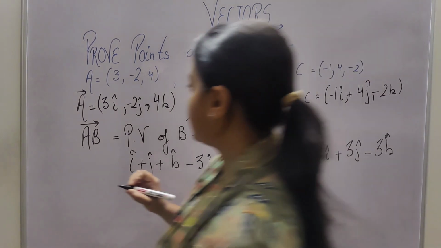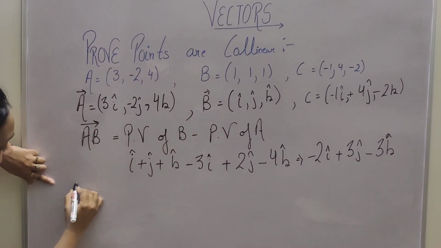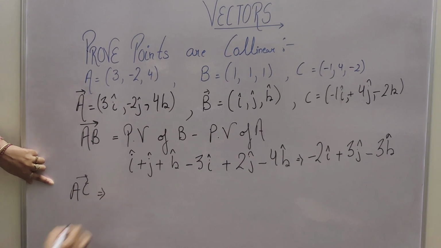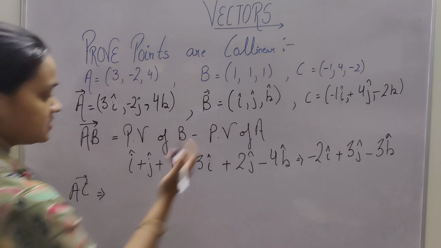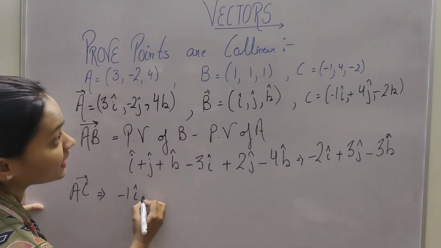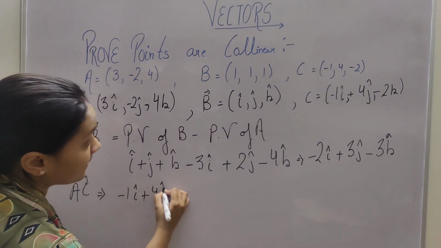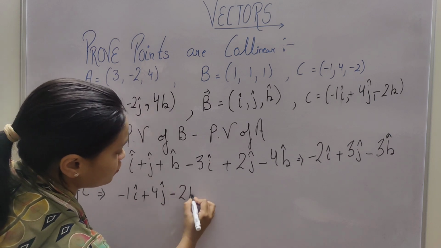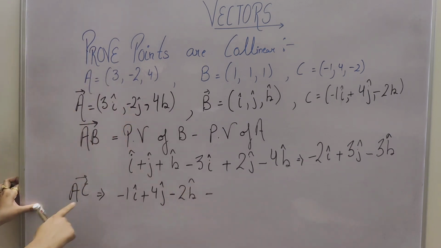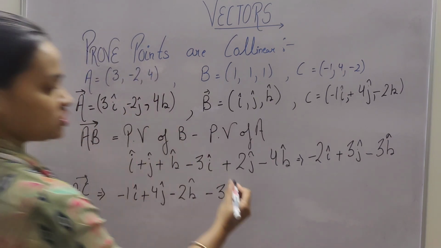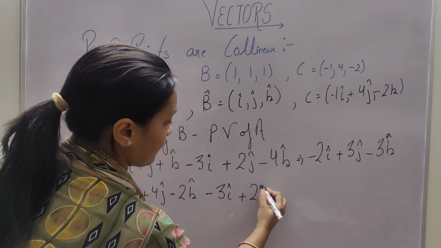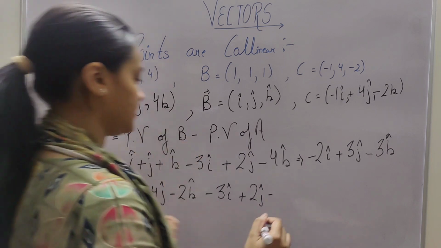So again calculating the points between A and C vector. So again position vector of C minus position vector of A. C points are these, minus 1 of I plus 4j minus 2k minus A, which is minus 3I plus 2j minus 4k.